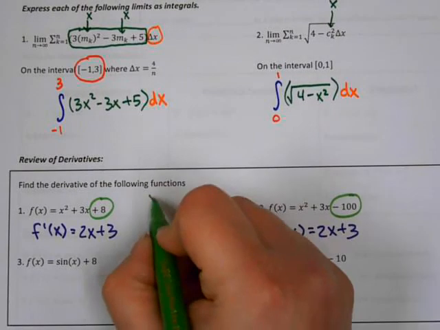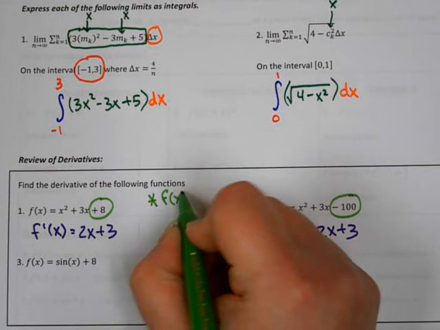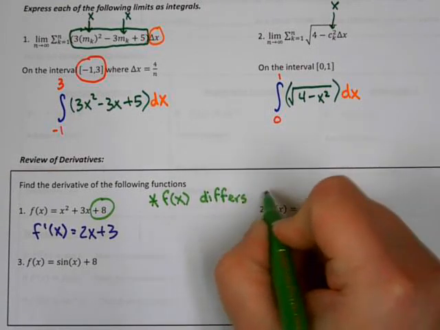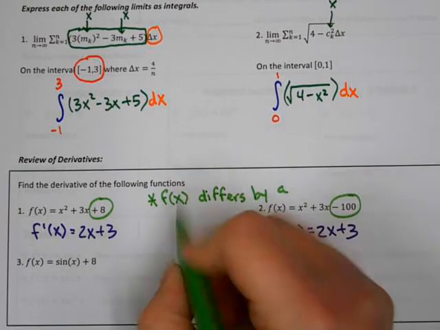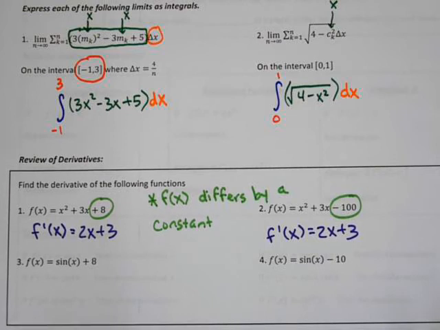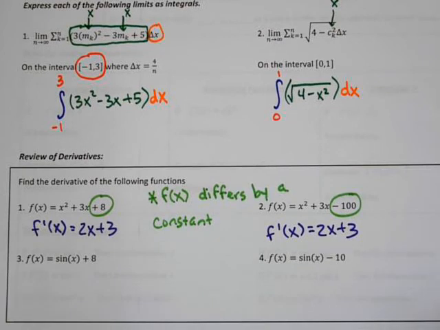So I want you guys to make a note, f of x differs by a constant. But what that means then is when I take the derivative, now they're not different anymore. So that's going to be a really important piece when we start looking at the antiderivatives.